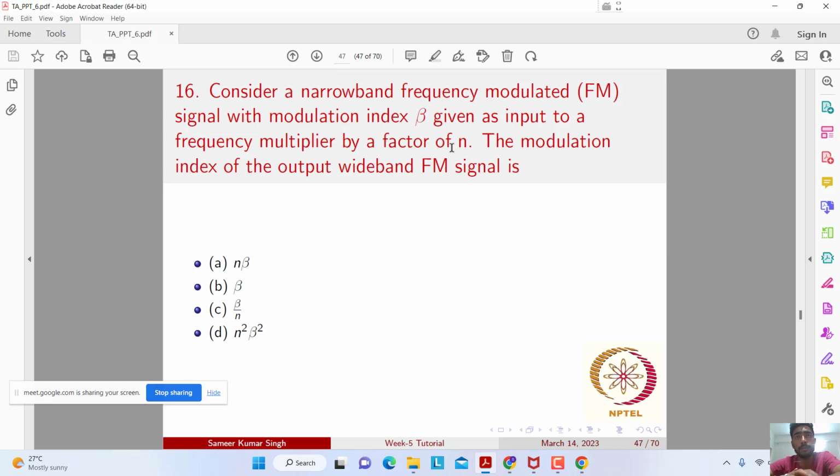Now we have a modulation index beta and we are passing it through the multiplier by a factor of n. So please let me know the modulation index of the output wideband FM signal. What will be the modulation index?